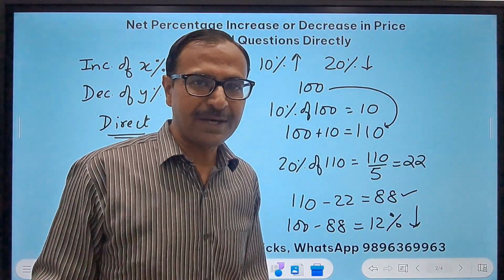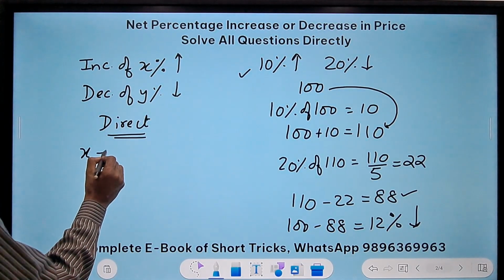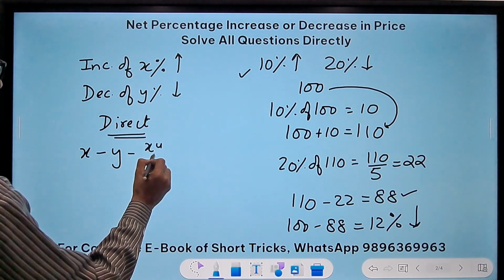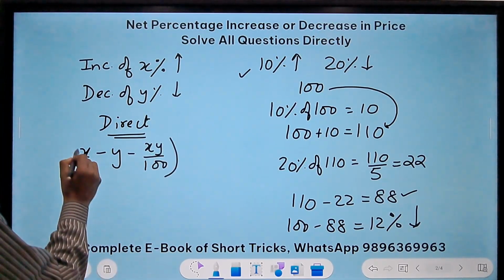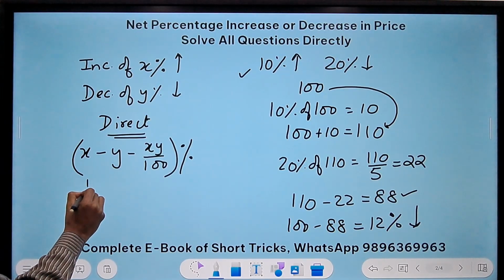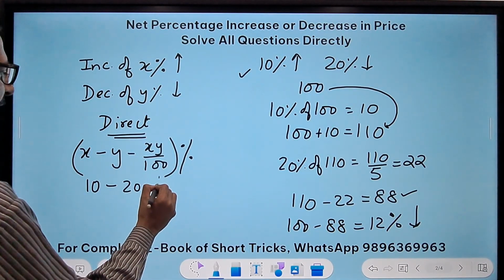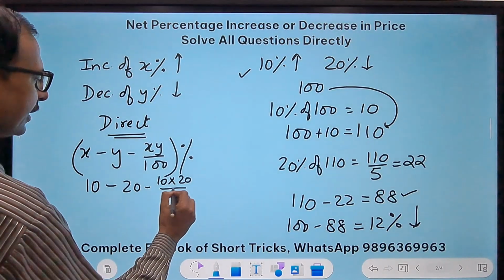Let's get on with the short trick. I can do x minus y minus xy upon 100 in this case. And look at the magic. X is 10%. So 10 minus 20 minus 10 into 20 upon 100.